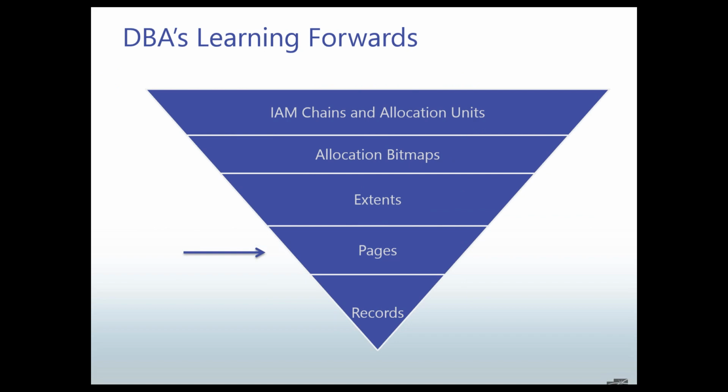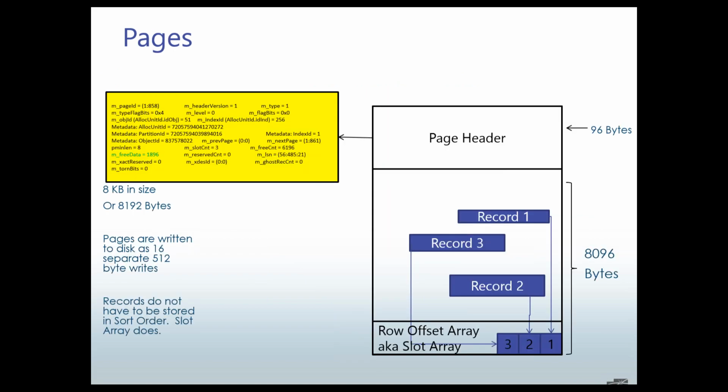At the very bottom, we've got records. Our next step up is pages. When we look at the anatomy of a page, the way that a page is put together is it is 8,192 bytes, and the first 96 bytes are our page header. Inside of our page header, we have a lot of metadata specific to our page.